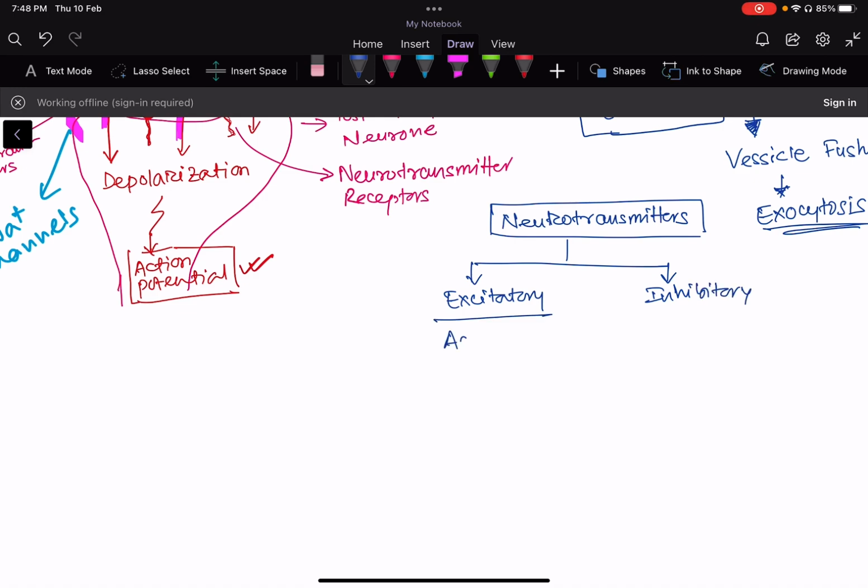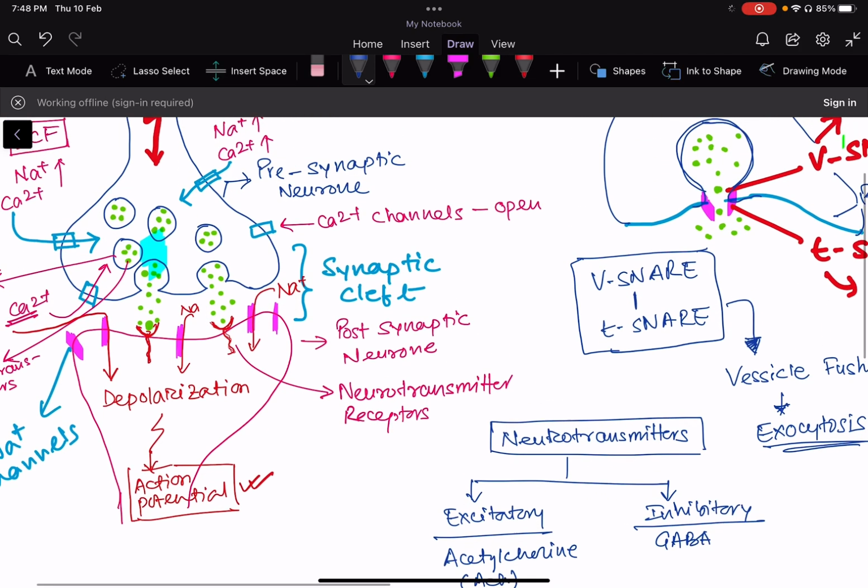Like acetylcholine, or ACh, is an excitatory neurotransmitter for skeletal muscles, and GABA is an inhibitory neurotransmitter.